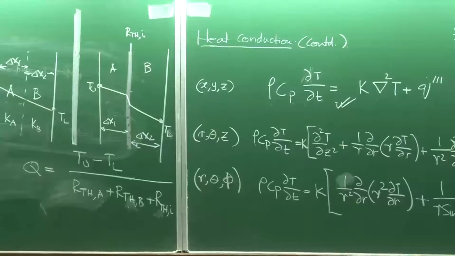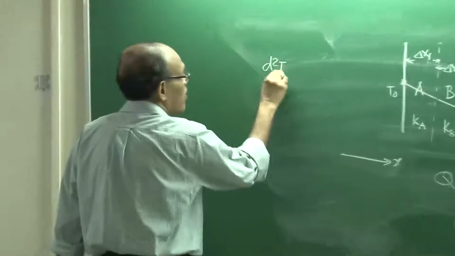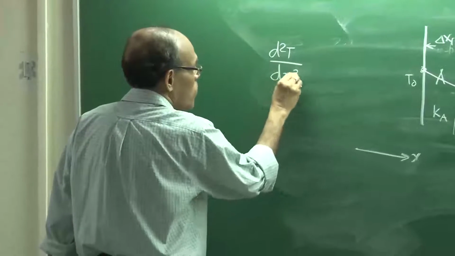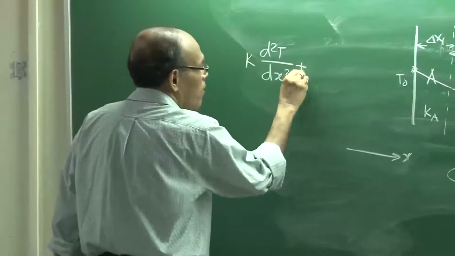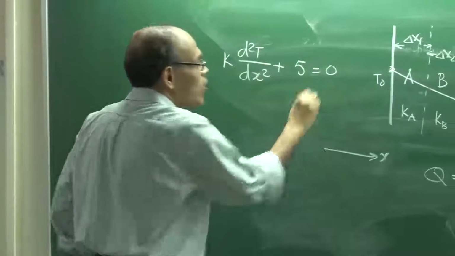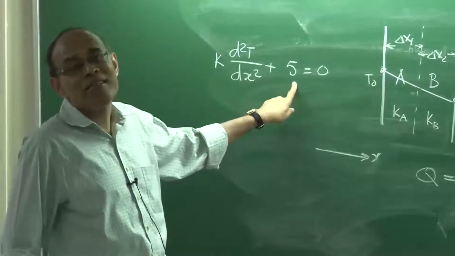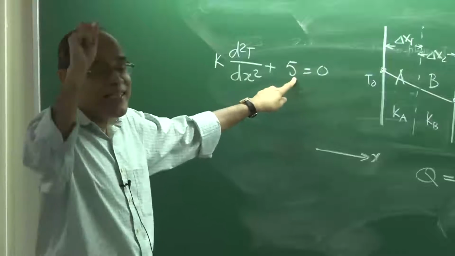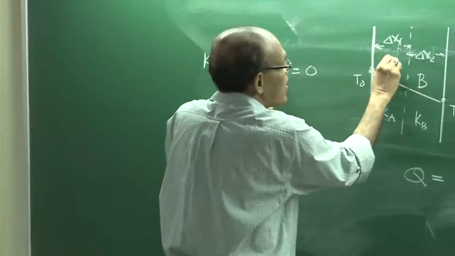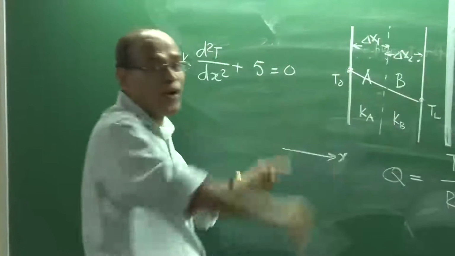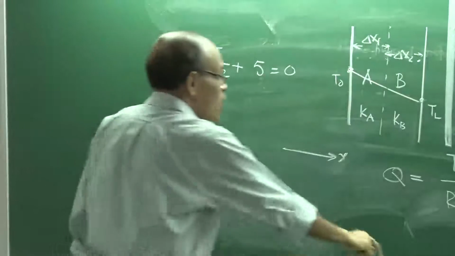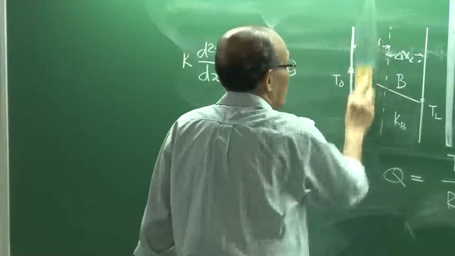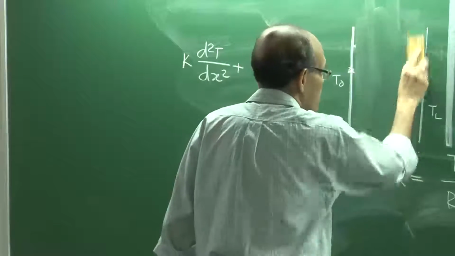So, I will write that equation as follows, and what is this? This term essentially represents the volumetric rate of heat generation. Watt per meter cube is a constant rate of heat generation at every point in the one dimensional domain. So, now we do not have A and B, we have only one material, suppose.